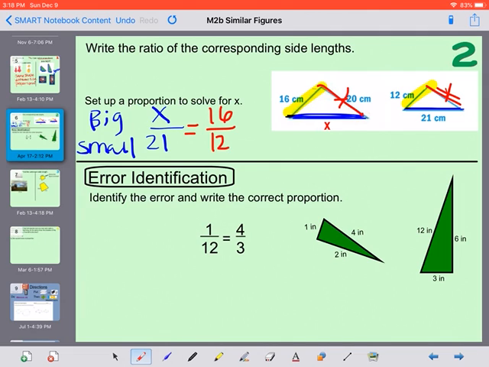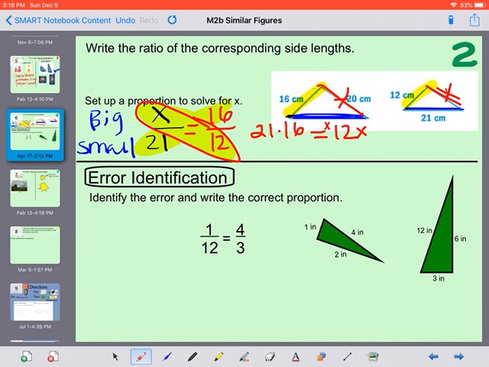So we set up a proportion, and now we can cross multiply. Multiply these and set it equal to multiply those. So 21 times 16 on one side equal to 12x on the other, 12 times x.